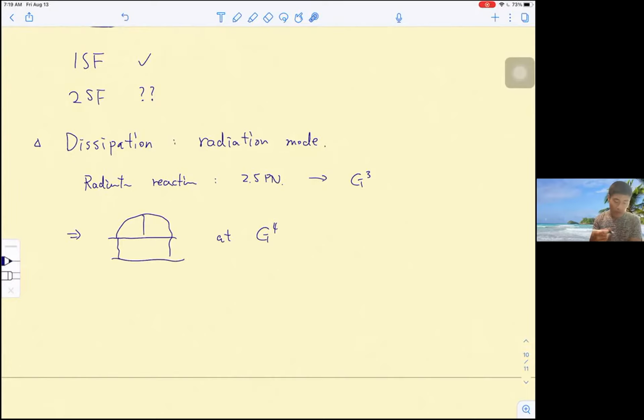And when you go to higher and higher order, we'll have more and more divergences from the overlap between potential and radiation. So it's important to find a way to clean this up, even though we already have tremendous progress on the post-Minkowskian side. That could be one thing that can be very helpful for us to understand in the PM approach.